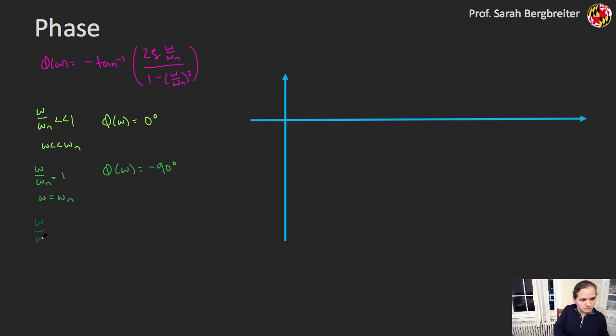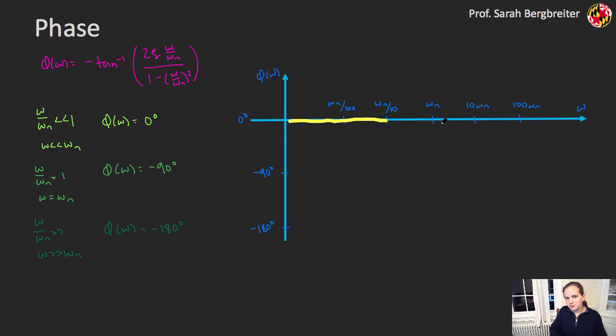And then finally, omega over omega n is a lot bigger than 1, or I'm at a very high frequency input. My phase in this case is going to go to minus 180 degrees. So I know that for these low frequencies, I'm at 0 degrees on my phase response plot.